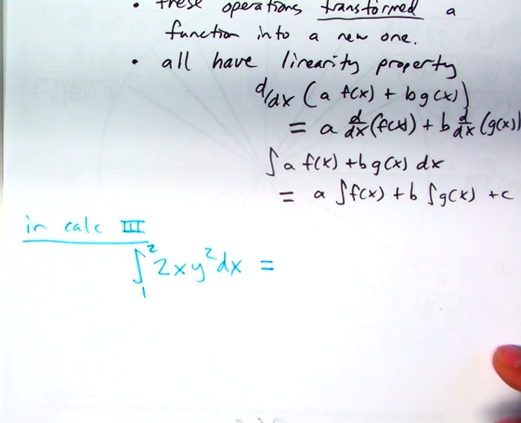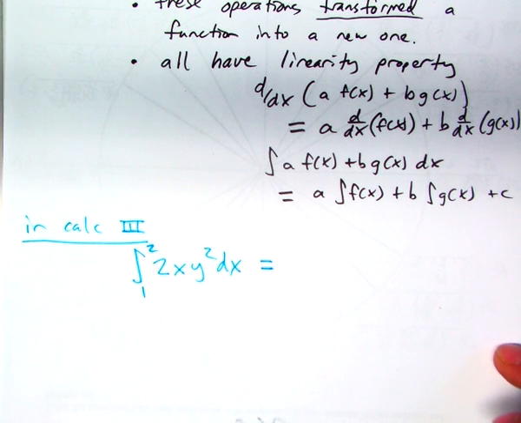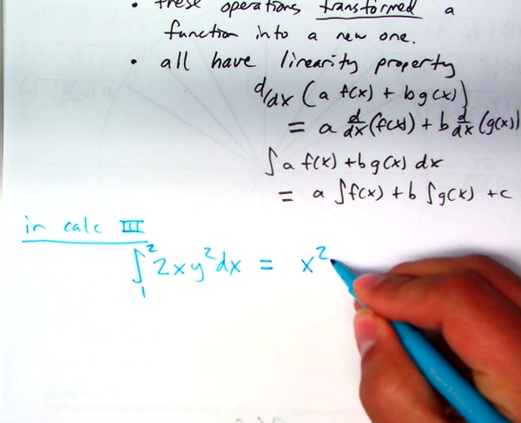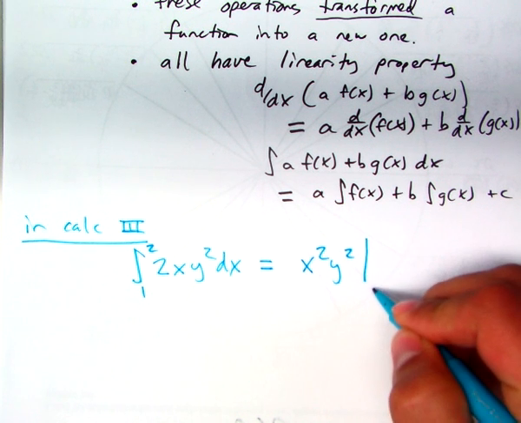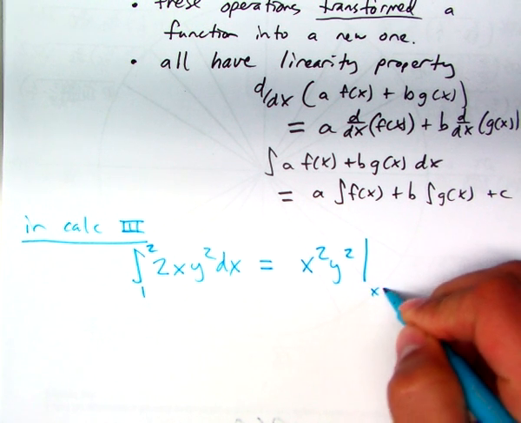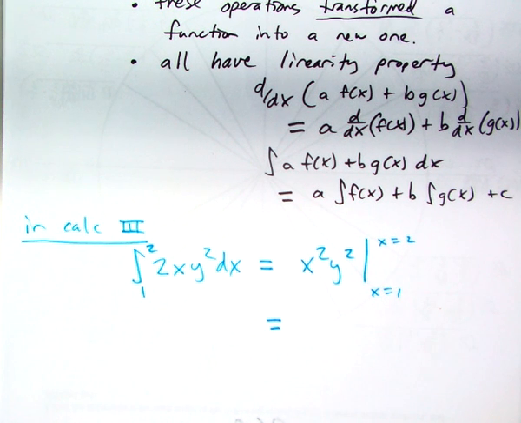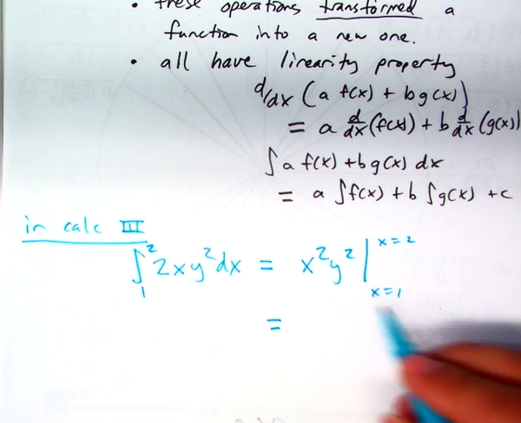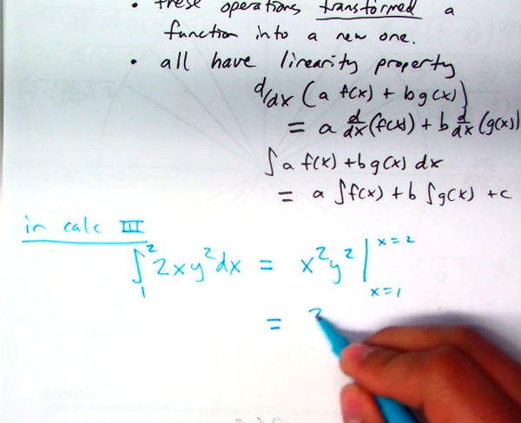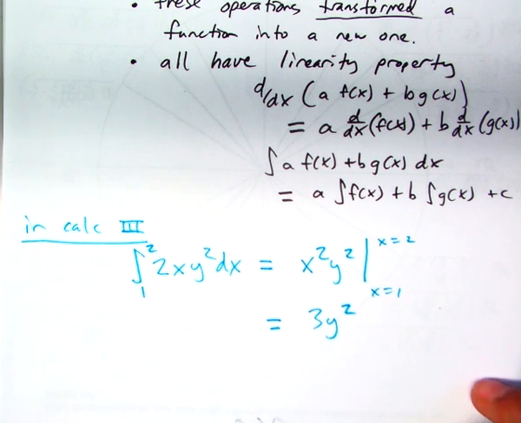And I'm sure everyone remembers how to do that, right? What would the integral of 2xy squared become? And then this is from x equals 1 to x equals 2. So we get 4y squared minus y squared, very good, for a grand total of 3y squared.